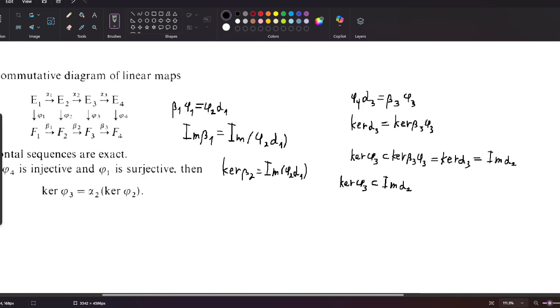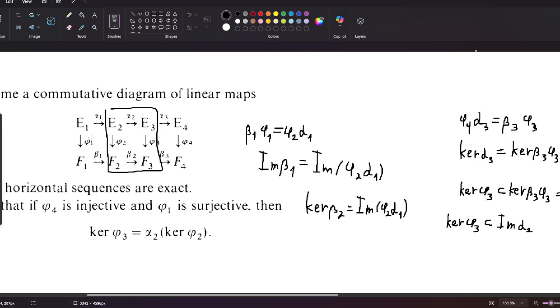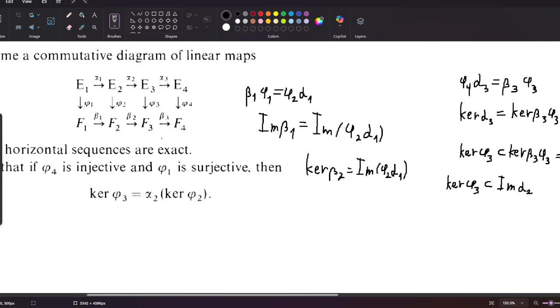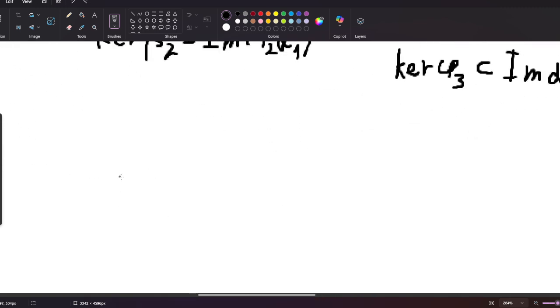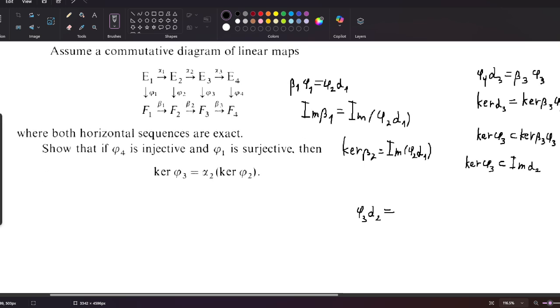Another thing that we can do is review this quad that contains both alpha 2 and phi 3. So let's take phi 3 alpha 2 equals beta 2 phi 2.